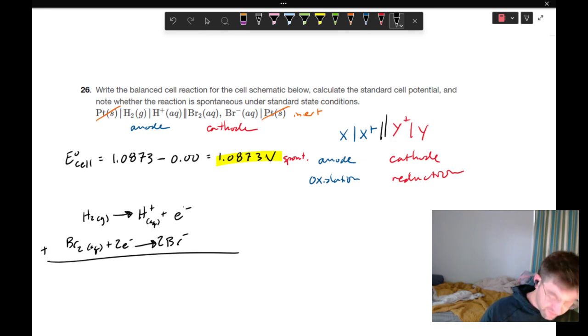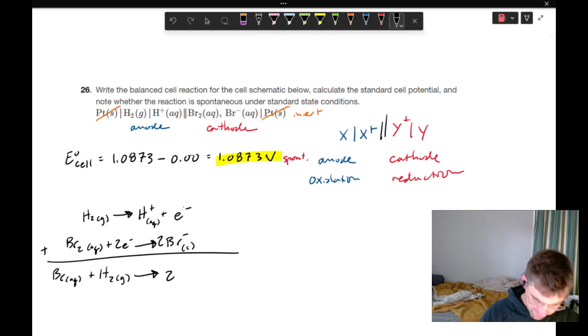We add these reactions together, electrons cancel out. We have aqueous bromine, electrons cancel out. We have dihydrogen gas. And on our product side, we have 2 aqueous hydrogen plus 2 aqueous bromide.